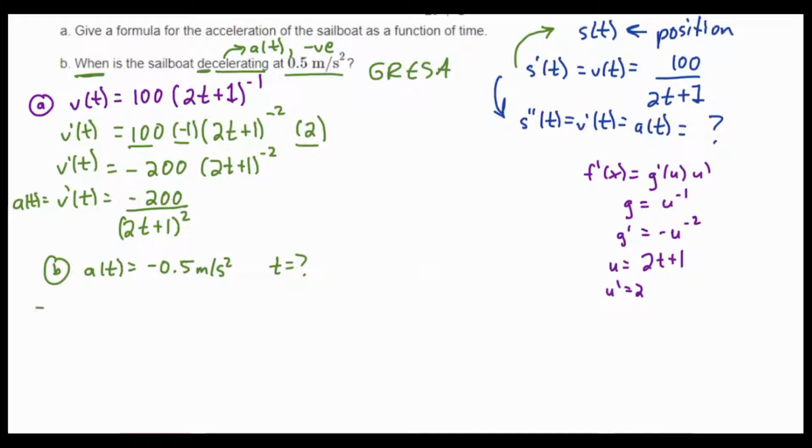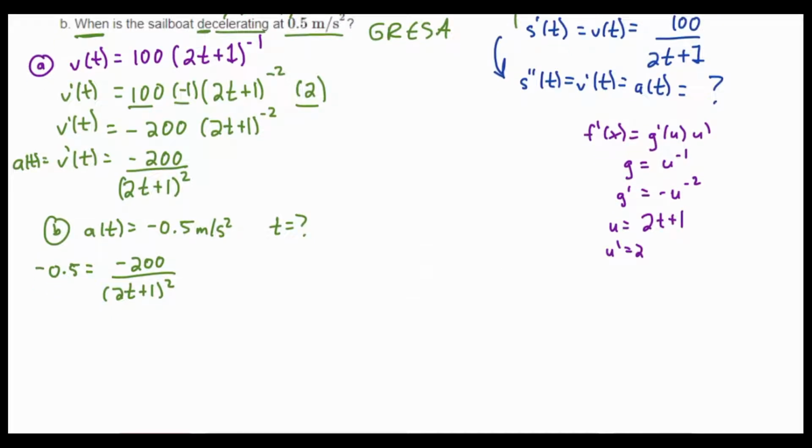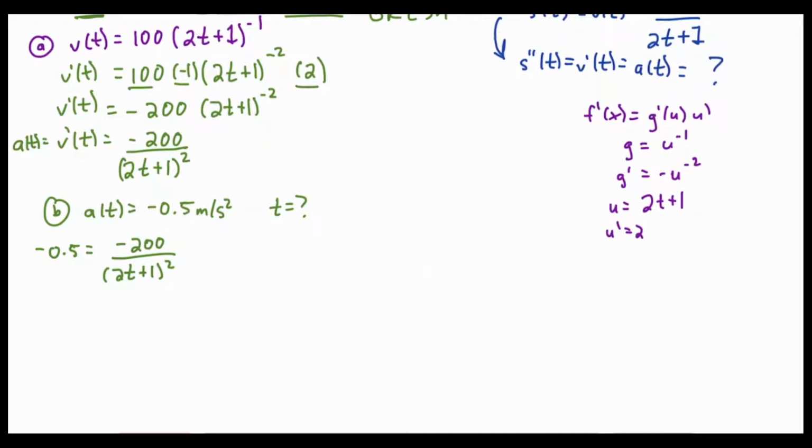So I'm going to have negative 0.5 is equal to negative 200 over 2t plus 1 squared. Let's do some rearranging. Let's try to isolate for t. I'm not going to show all my work, but I'll show a number of the steps. I can kind of just shortcut flip these two terms. Basically, I'm multiplying each side by 2t plus 1 squared and dividing each side by negative 0.5.